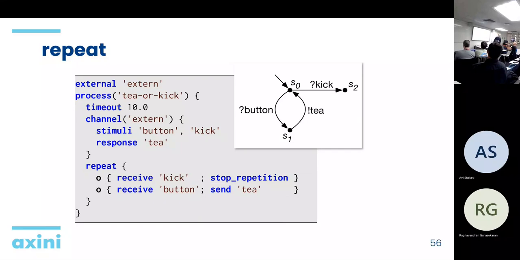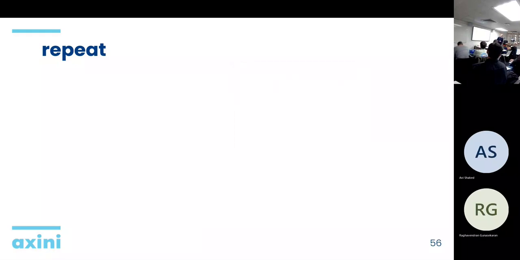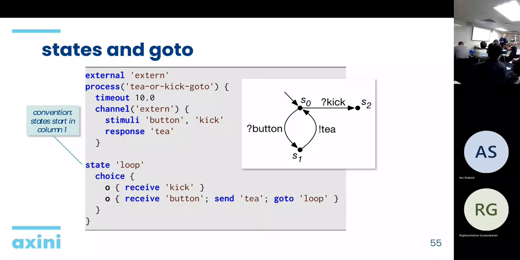So choice is optional as a keyword, or is it just missing here? There's a choice between button and kick initially. Yeah, the non-deterministic option. The O is shorthand for option. I guess what I'm asking is, in the previous one you explicitly had to say choice.